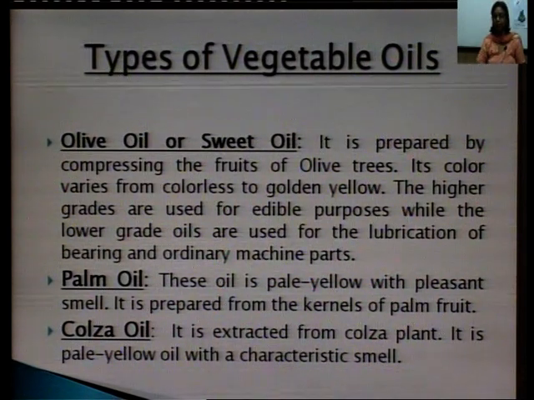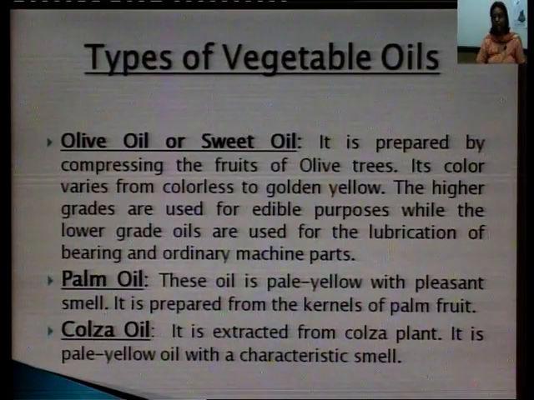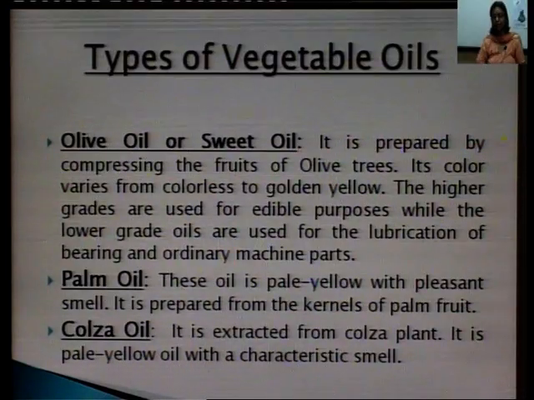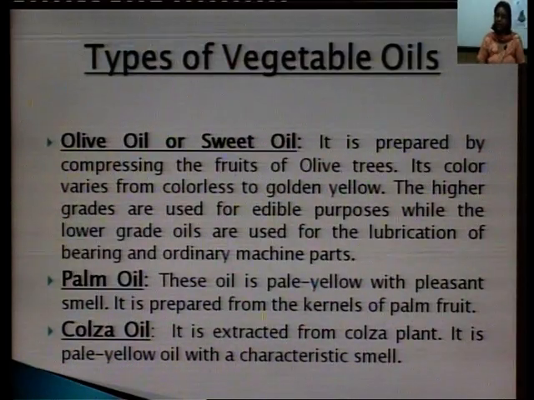Second is palm oil. Palm oil is pale yellow with pleasant smell. It is prepared from the kernels of palm fruit. Kernel means inner part of the palm fruit. Next is colza oil. It is extracted from the colza plant.